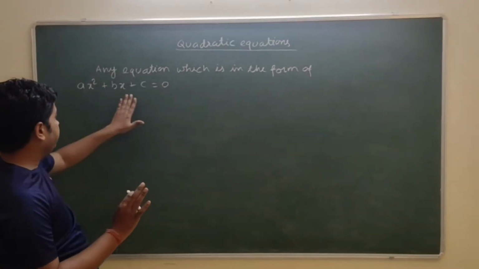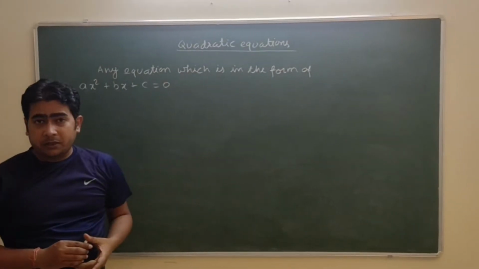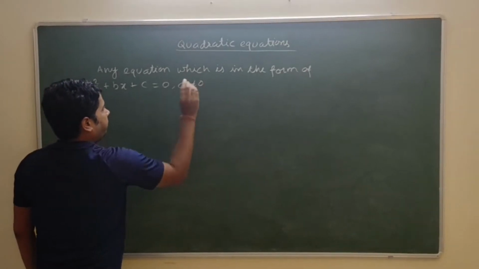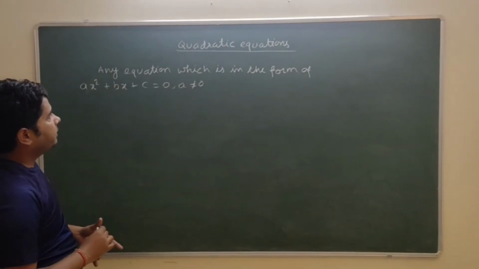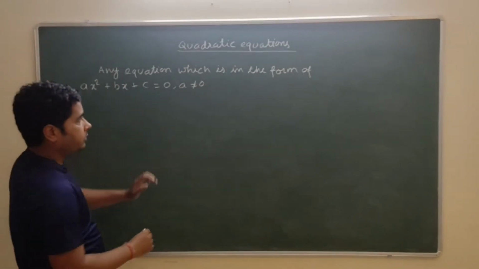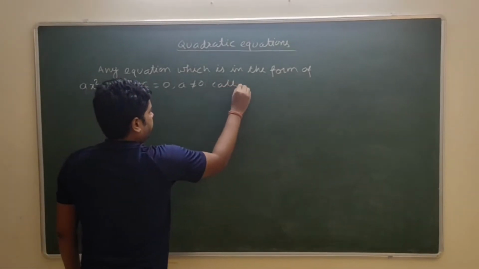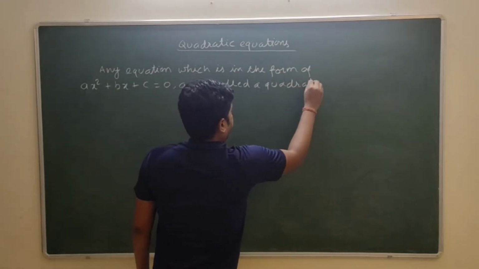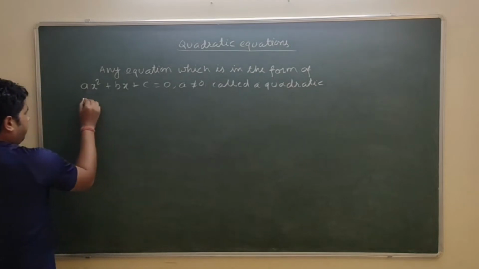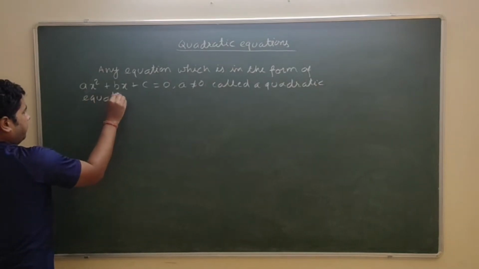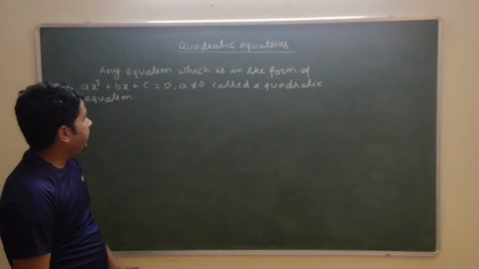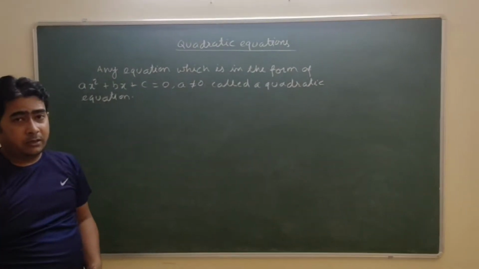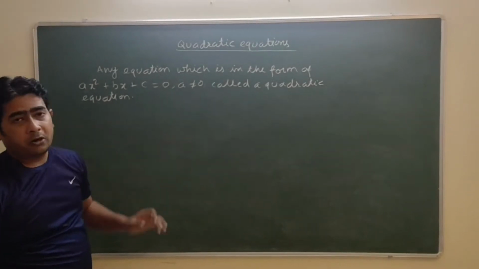So while writing the standard form of a quadratic equation, we must assume that a is not equal to 0. Any equation in the form ax square plus bx plus c, where a is not equal to 0, is called a quadratic equation.